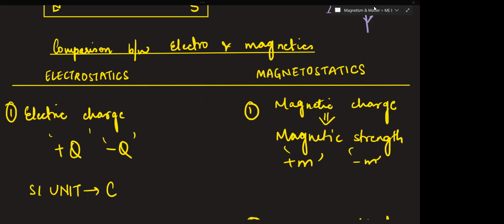In case of magnetic charge, you have the strength of it. You can say basically the intensity. We are just making a list of things that are possible from electric charge and we are comparing it with magnetic. Whatever things are possible.